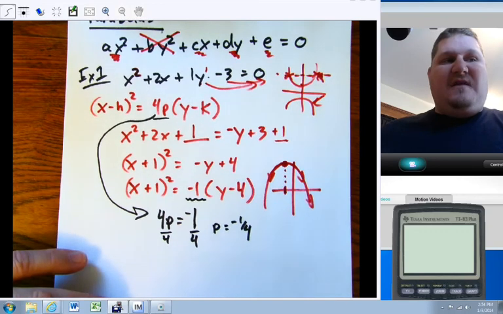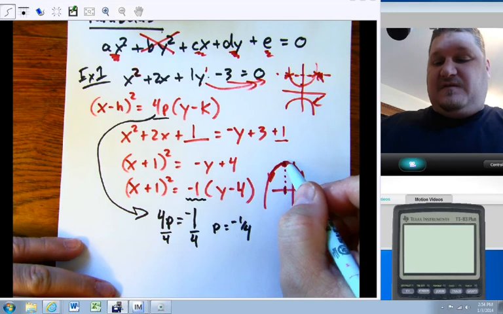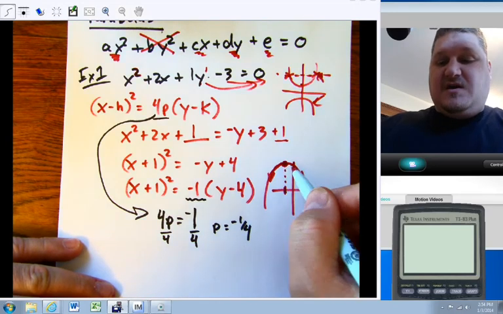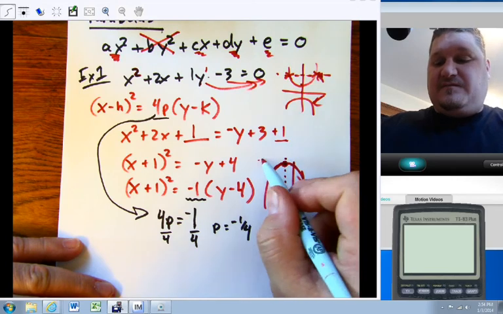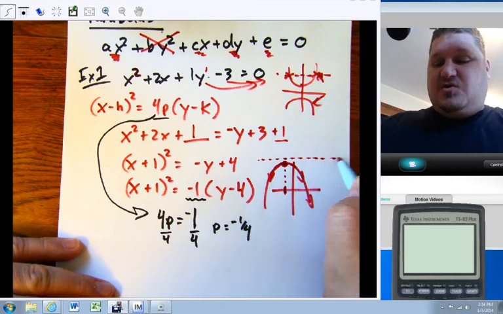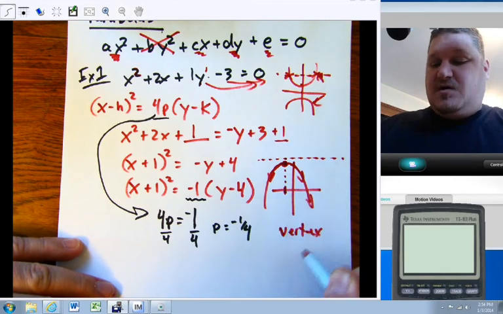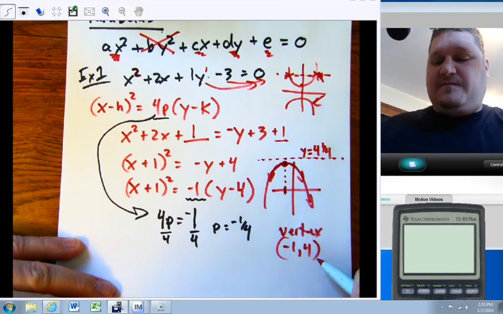The 1/4 is an important piece. The 1/4 says from the vertex, you need to go up 1/4 of a unit. So whereas the vertex was at negative 1, 4, this line here is going to be up a quarter, so it's going to be y equals 4 1/4.